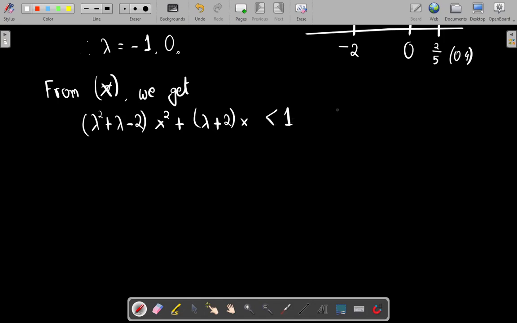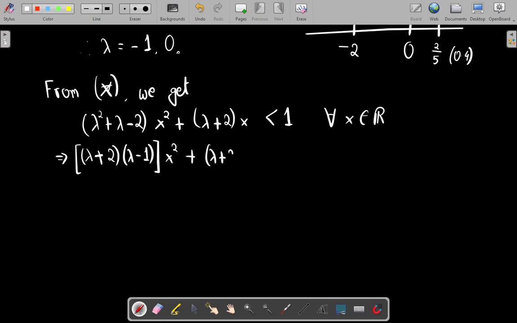This is to be less than 1 for all x belongs to R, right? Now if I factorize this term, this will become lambda plus 2 times lambda minus 1, plus lambda plus 2 times x less than 1.